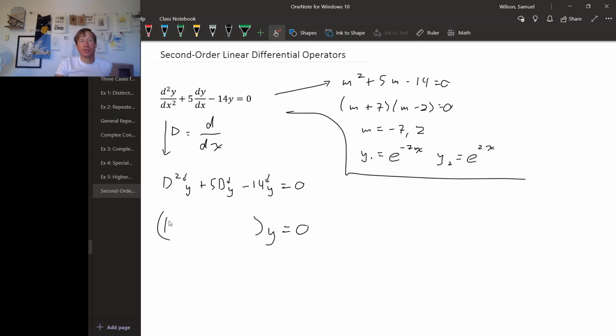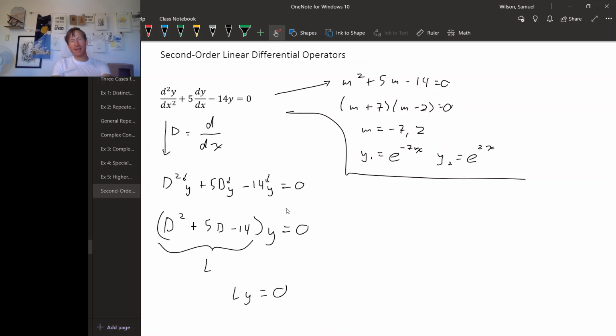And the remaining linear differential operator is D squared plus 5D minus 14. Okay, so if we call this stuff in parentheses the linear differential operator L, then our original equation is now just L y equals 0.